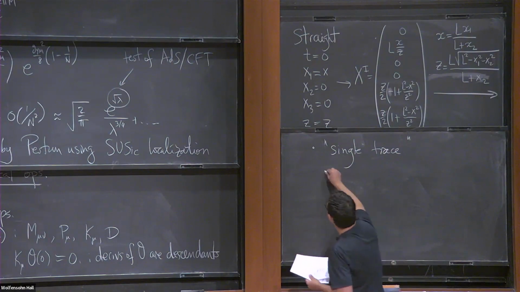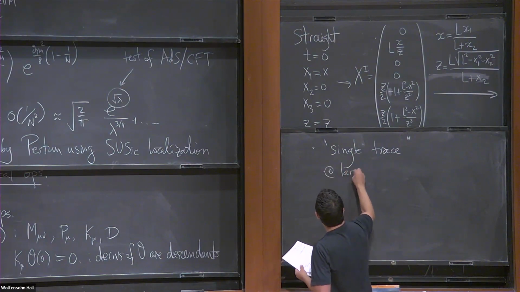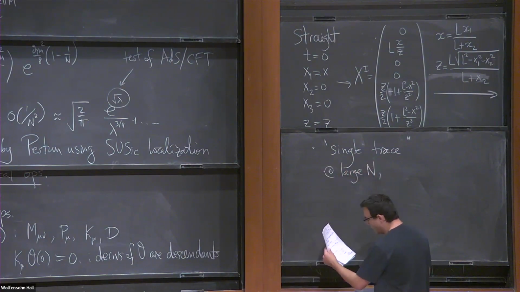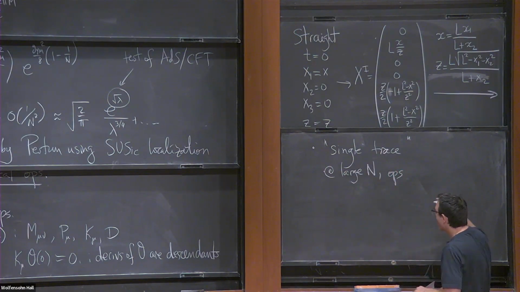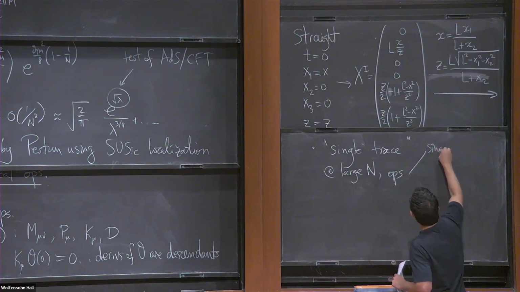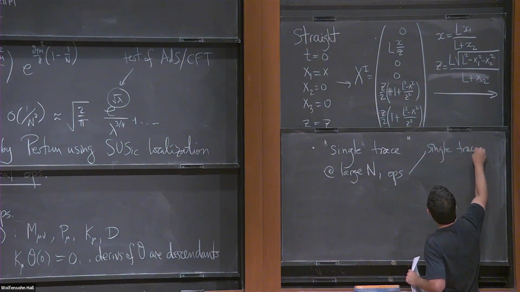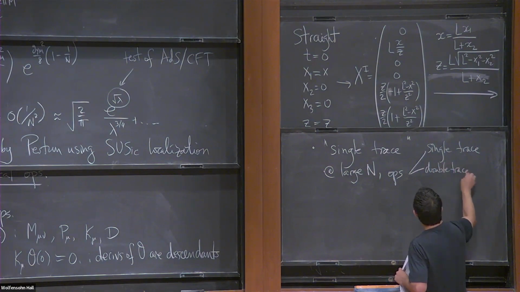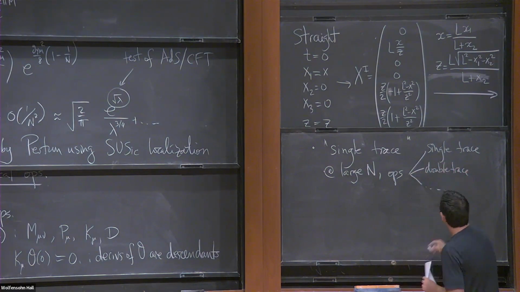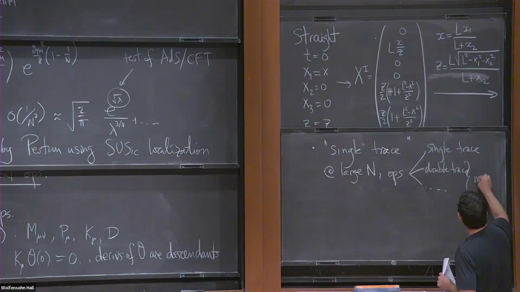So at large N, the operators can be broken down into single trace, double trace, triple trace, and so on. Double trace and higher would be multi-trace.